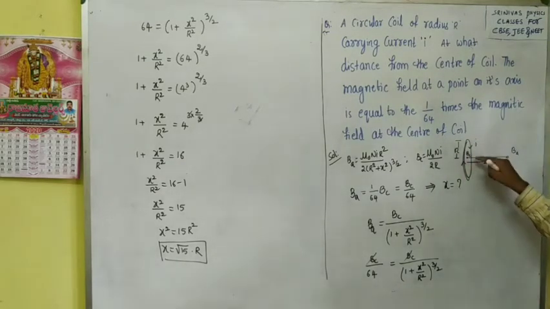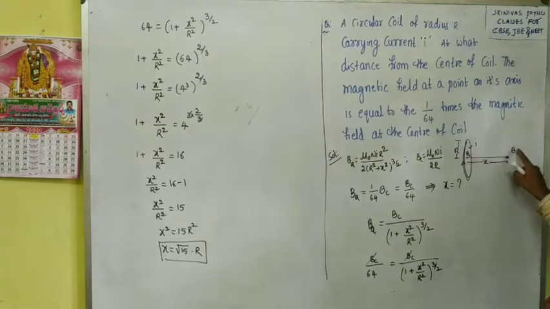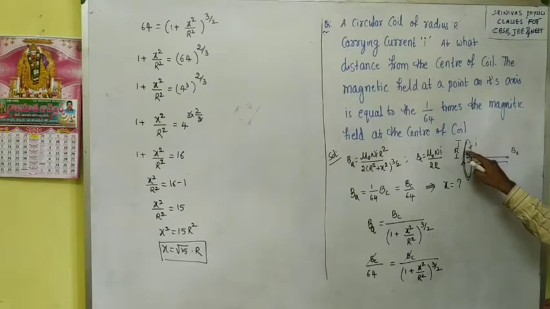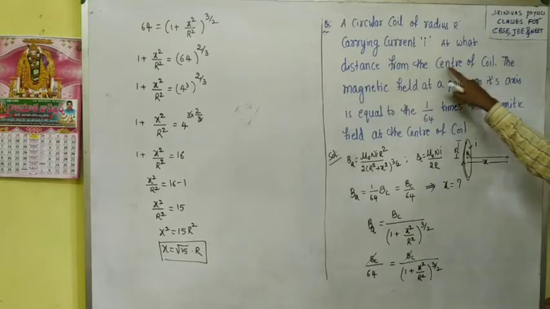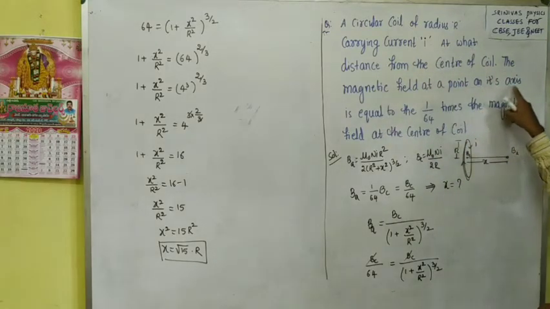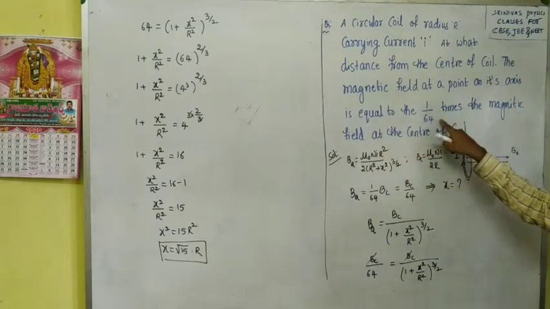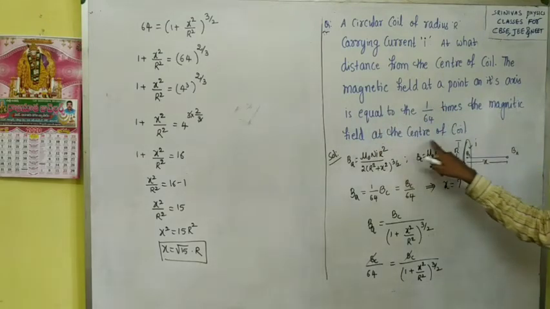This is a coil carrying current I with radius R. On the axis at a certain distance, the field is BA, and at the center the magnetic field is BC. They are asking at what distance the field at a point on the axis, BA, is equal to 1 by 64 times the field at the center.